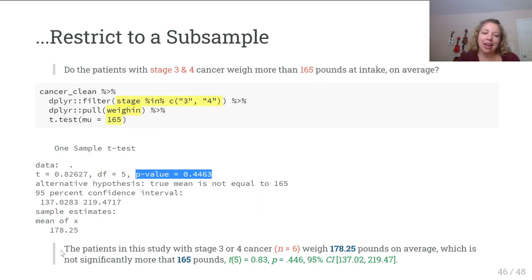The little n refers to it being a subsample or part of our sample, where the capital N usually is saved for when we're talking about the whole sample. And that's an APA distinction. So this n of 6 has an average of 178.25, but that is not statistically significant evidence that the average weight is more than or even different than 165.